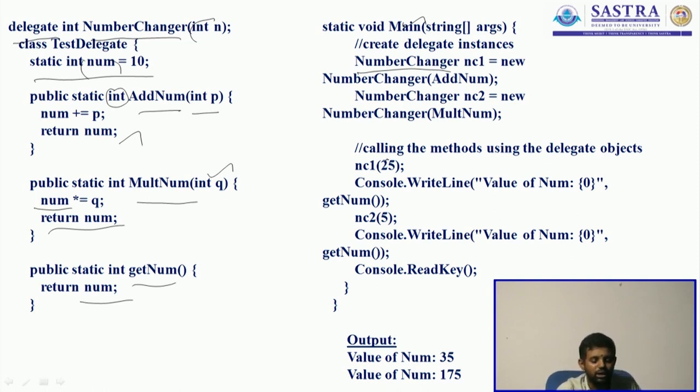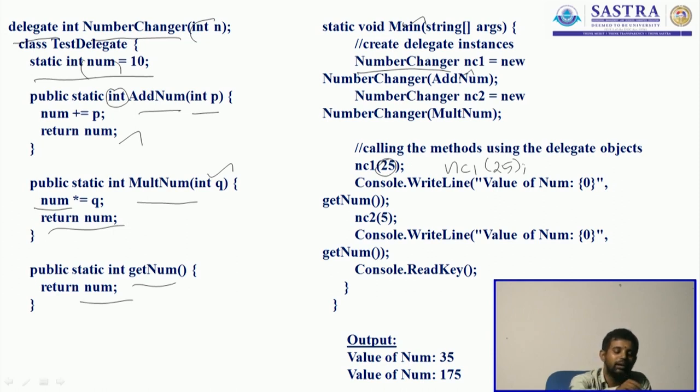Like this, we have created instances, and then we are trying to pass an argument called 25, so how it has to be called, it has to be called with the help of the object name nc1 of 25. It need not be 25, whatever you want to provide could be given. So what will happen, nc1 is pointing to add num, right?